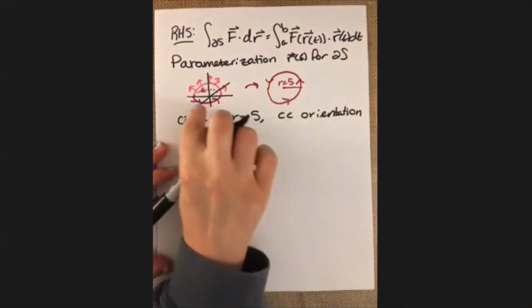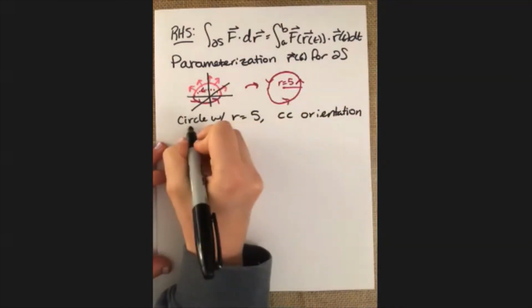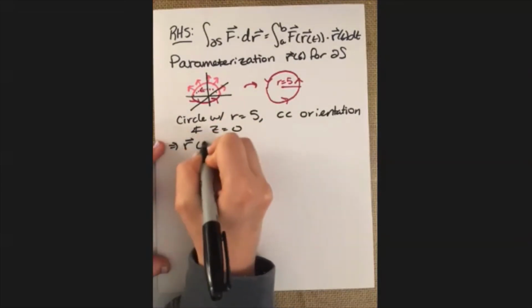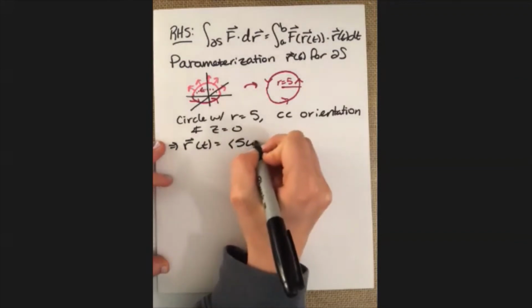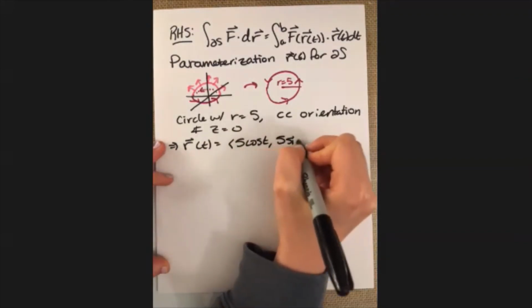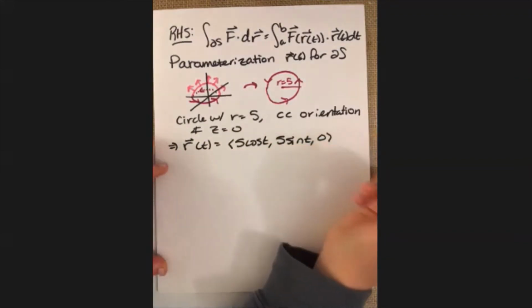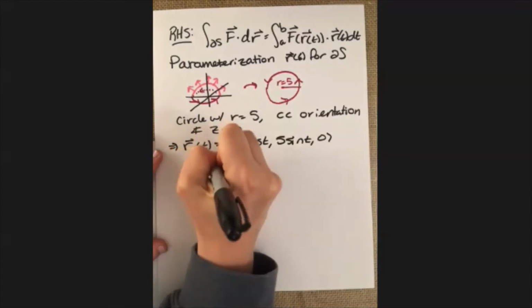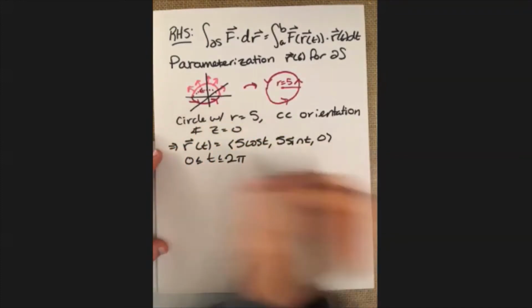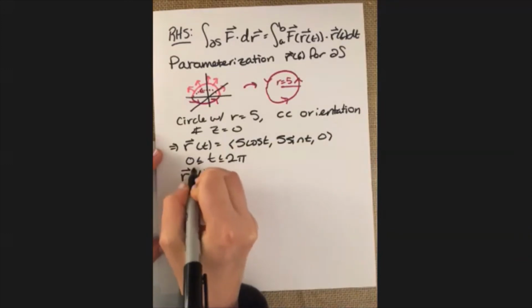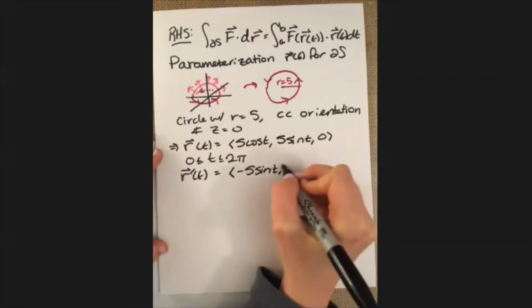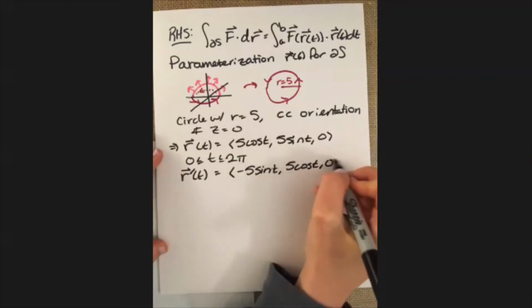We also know that since it's sitting in the xy plane, z is equal to 0. So we're looking for r of t equal to 5 cosine of t, 5 sine of t, and 0 in our third component. Because we want the circle to go all the way around, t is between 0 and 2 pi. We take our derivative to get r prime: negative 5 sine of t, 5 cosine of t, and 0.